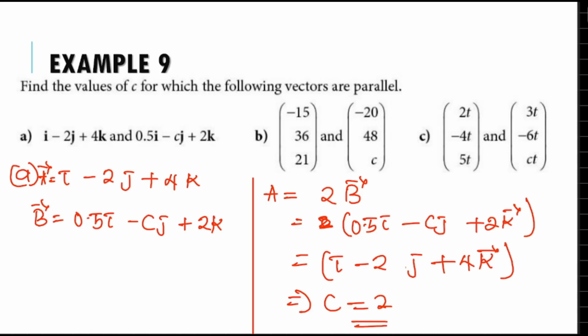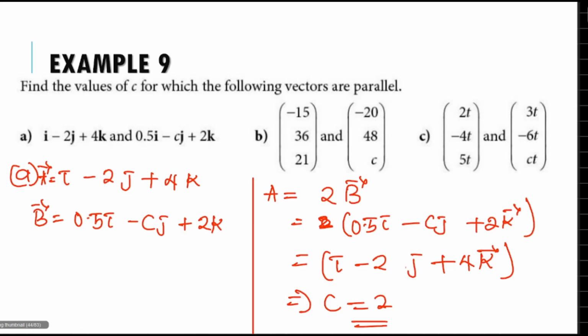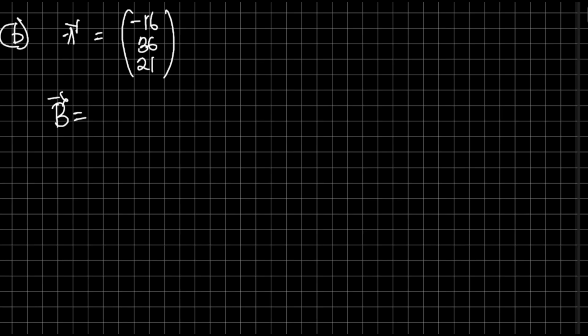So let's look at the equation we have in B. We have A equals minus 15, 36, 21, and B equals minus 20, 48, 48c.